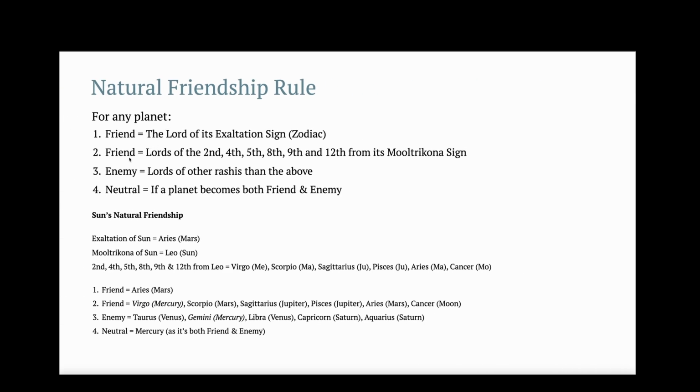That's the first rule. The second rule is the lords of the 2nd, 4th, 5th, 8th, 9th and 12th from its Mool Trikona sign. If we are calculating the natural friendship of Sun, here I have described this. The exaltation of Sun is Aries and the ruler is Mars, so Mars is a friend of Sun. The Mool Trikona sign of Sun is Leo.